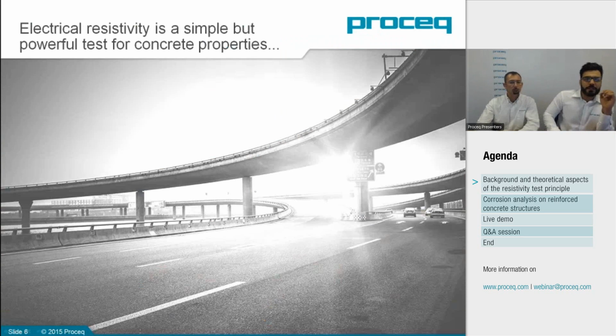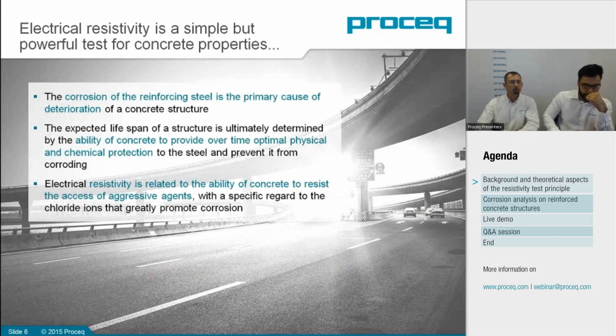Electrical resistivity is a very powerful test principle, although it could be fairly simple. Corrosion of the reinforcing steel, as we highlighted earlier, is one of the primary causes of deterioration in the concrete structure.